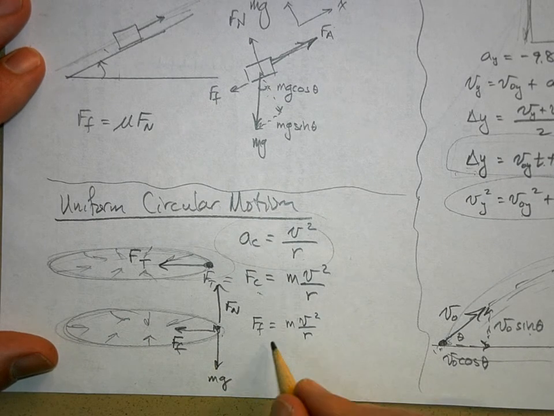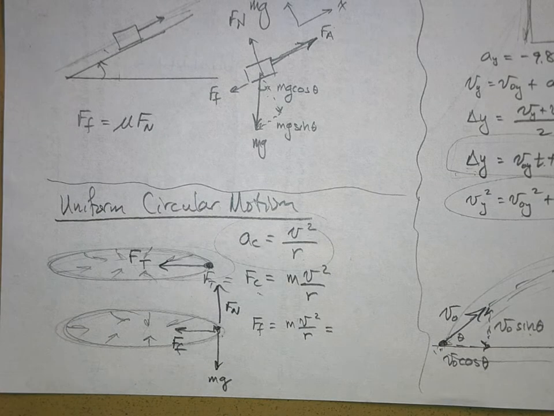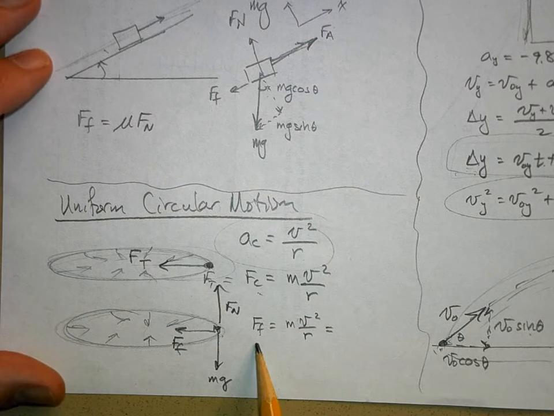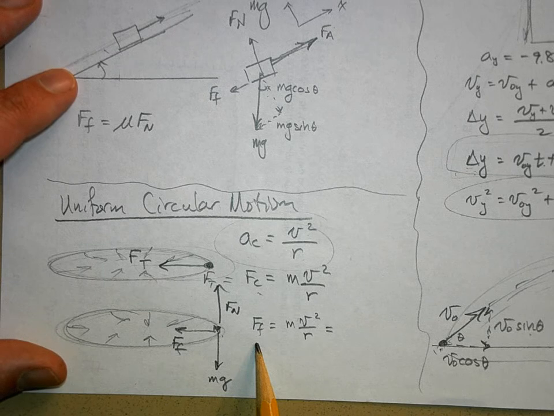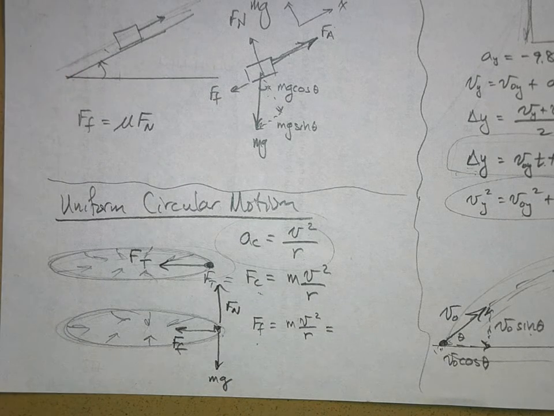But what I'll ask you is, what's the maximum possible velocity you can go with before you start slipping? So that means you use the maximum possible static friction between the wheels and the road. Remember, it's static friction because the surface of the wheel and the surface of the road are not slipping with respect to each other.